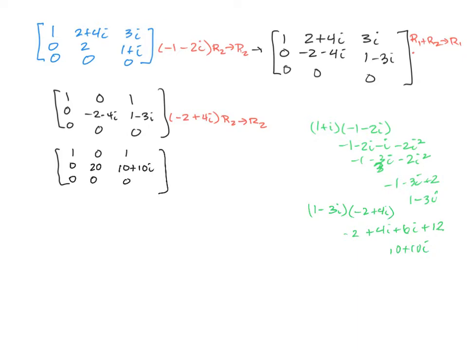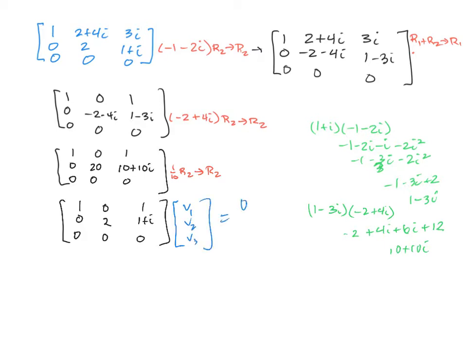One last thing to do is take 1/10 of row 2, put the result into row 2. That gives us a matrix of 1, 0, 1, then 0, 2, 1 plus i, and a row of zeros. Now remember, this is still times that eigenvector v1, v2, v3 equaling 0, 0, 0.